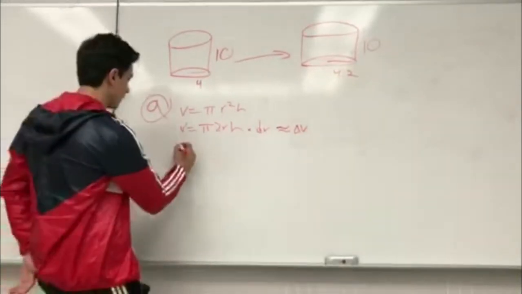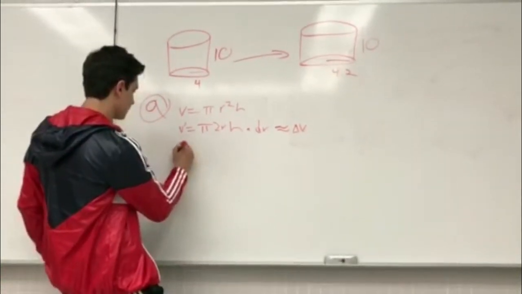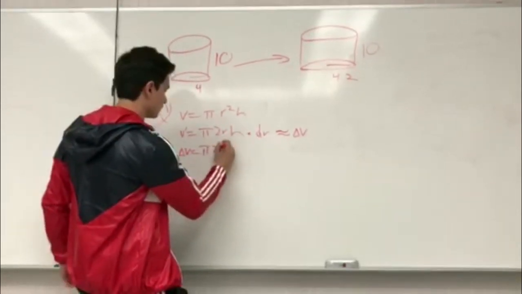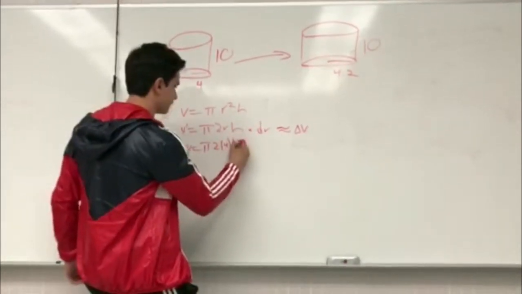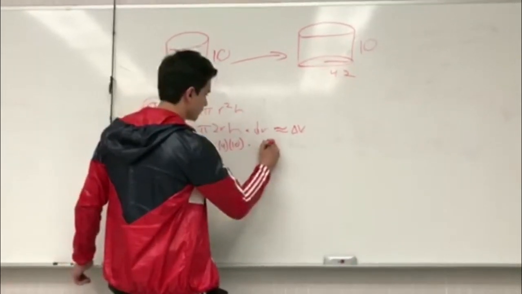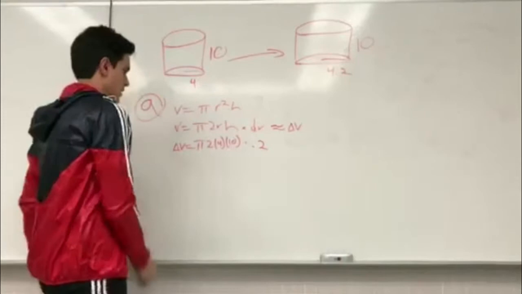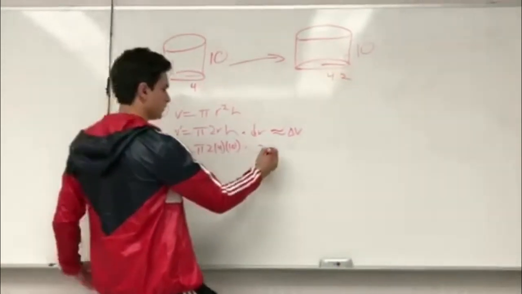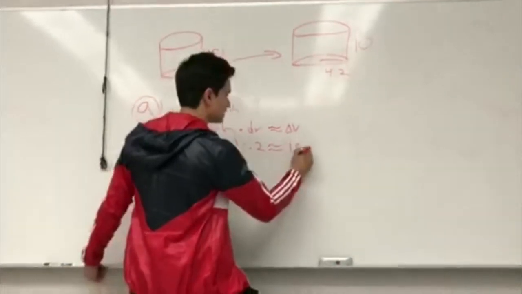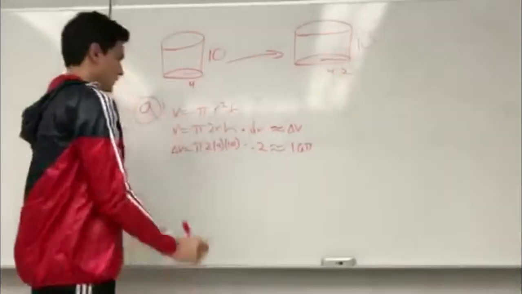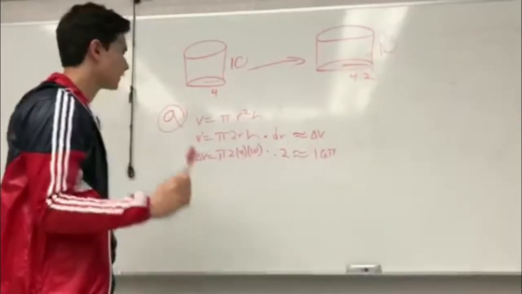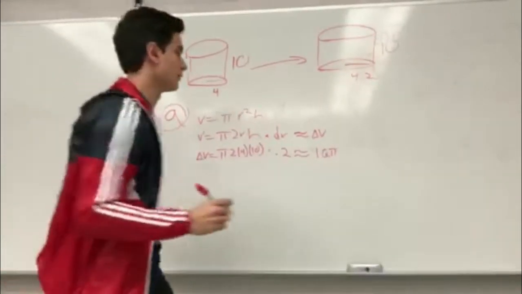Okay, so now we just have to plug in for the numbers. And this is going to equal approximately 16 pi. So that's the approximate change in the volume.